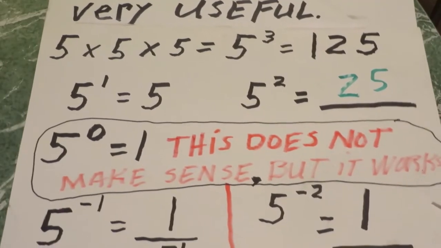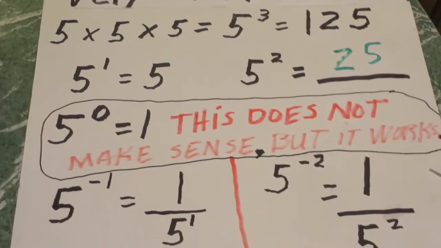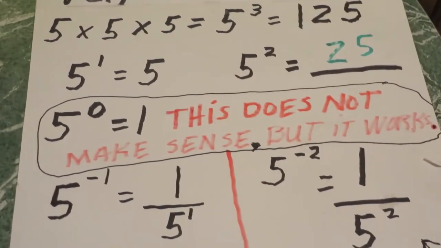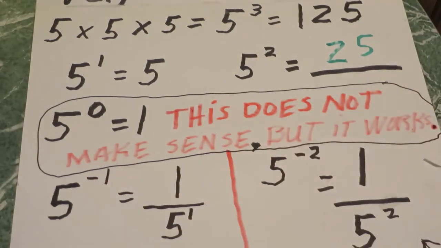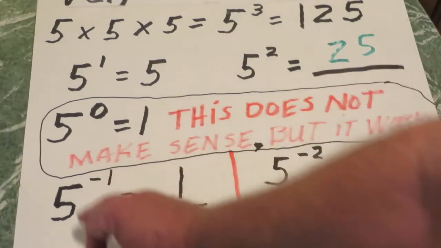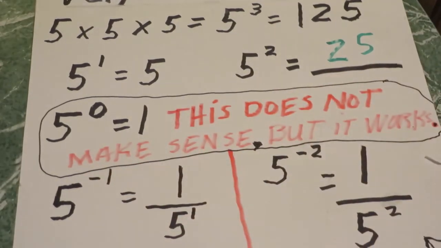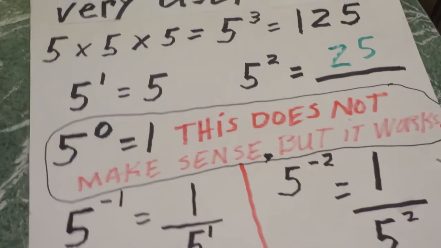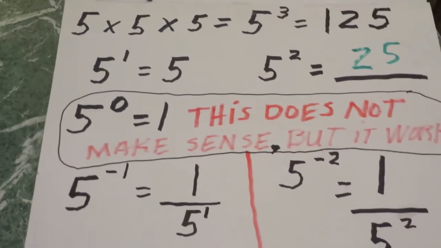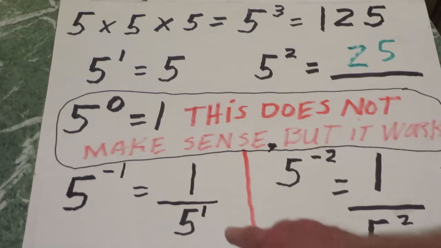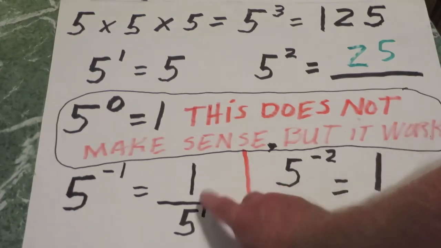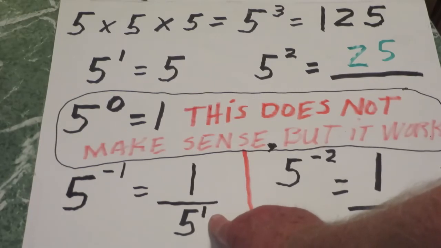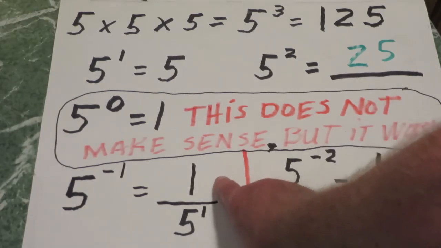Now, if you see negative numbers, like this one where we have 5 to the negative 1, well, if it was a positive 1, it would be 5, but when it's a negative exponent, it becomes a fraction. 5 to the negative 1 is actually 1 over 5 to the 1, which is just 1 over 5.